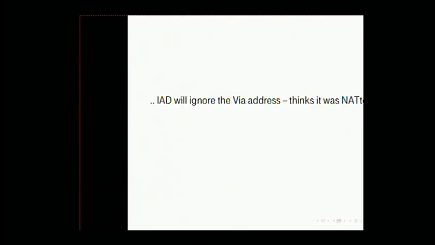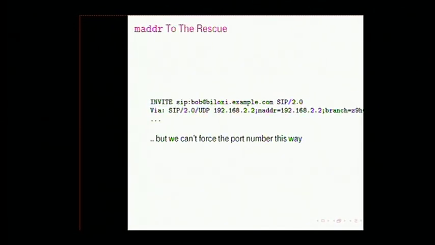Can we do the same thing with responses? It's not that easy because the IAD will usually ignore the IP address. This was an early attempt to deal with the NAT problems with SIP. So the via address is usually ignored. But there's a little known parameter called maddr, which was originally introduced for multicast things, which haven't been deployed really, but they are still in the SIP stacks.